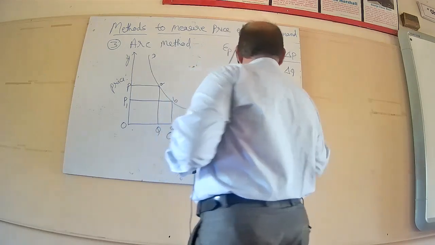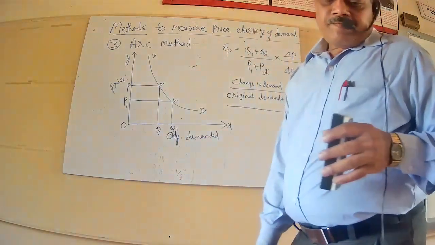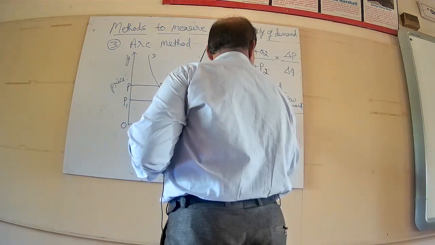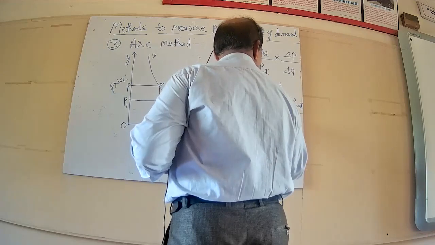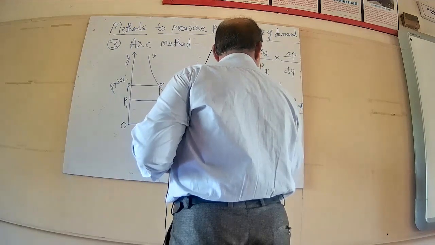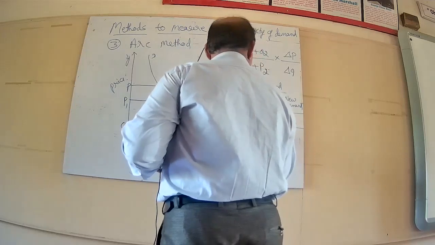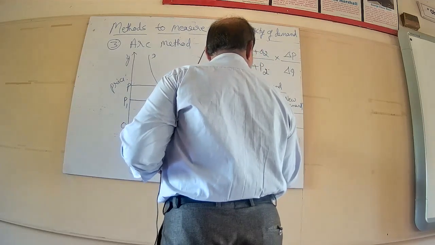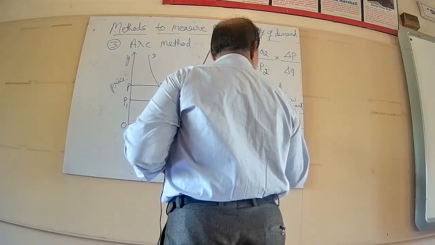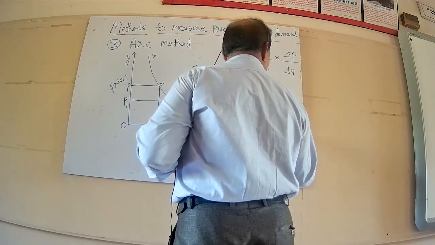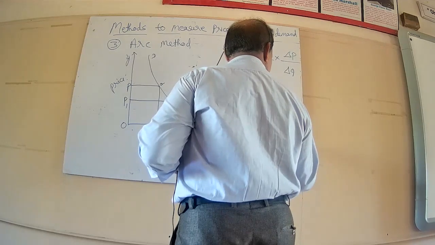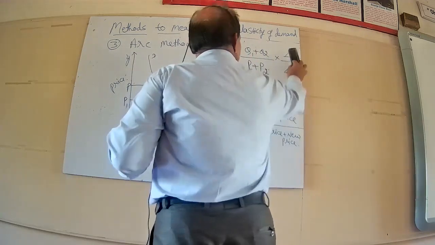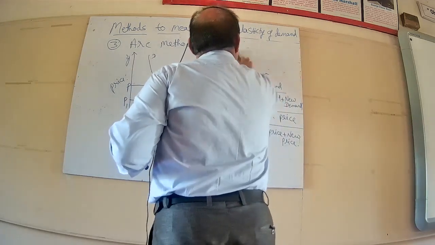This whole is divided by change in price divided by original price plus new price. You can further simplify the formula also.